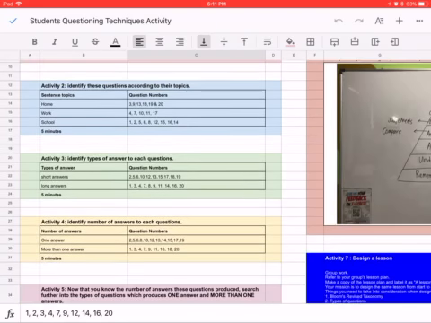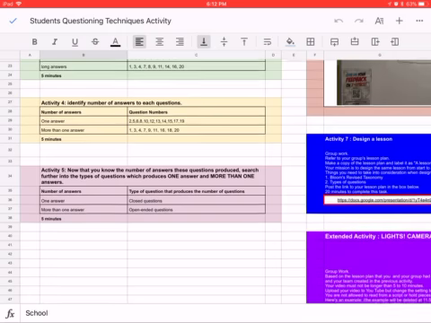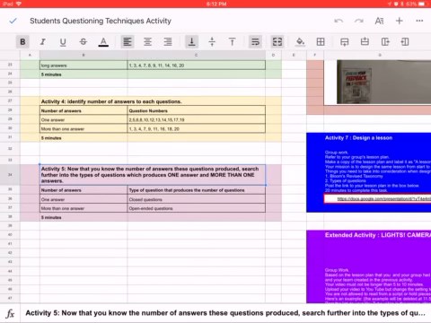And then after each activity, I will pause to go through what they have answered and why they chose those types of questions to be under home or work or school for activity 2.